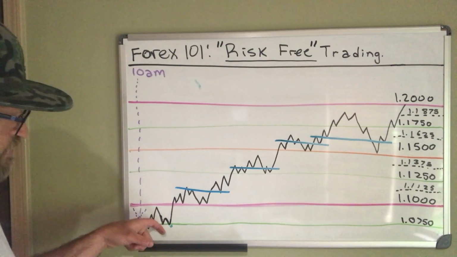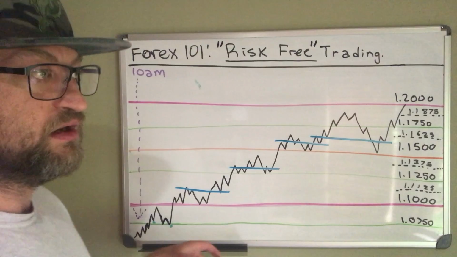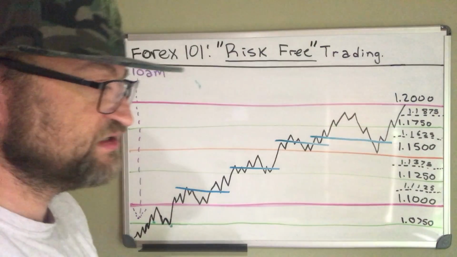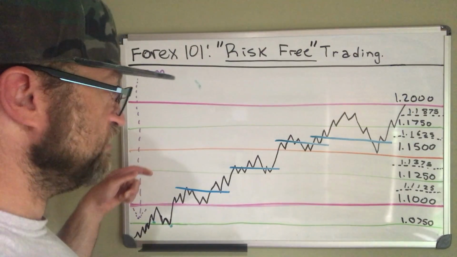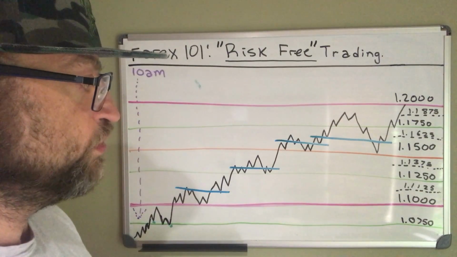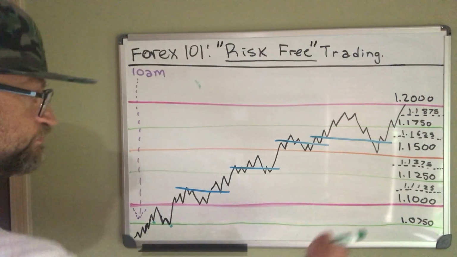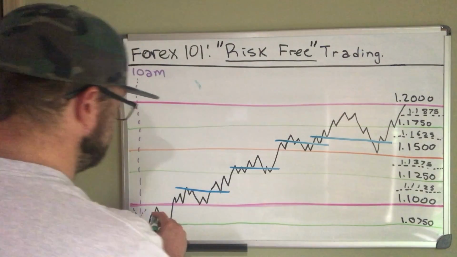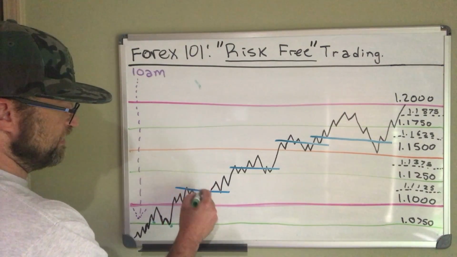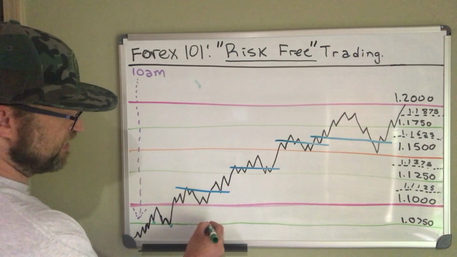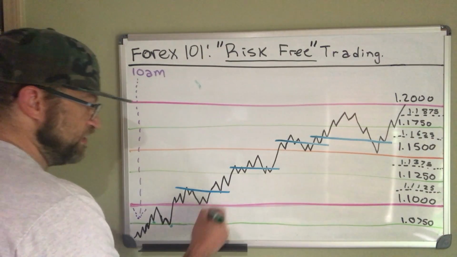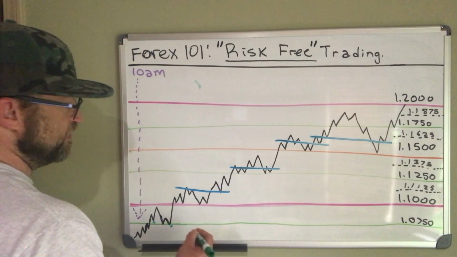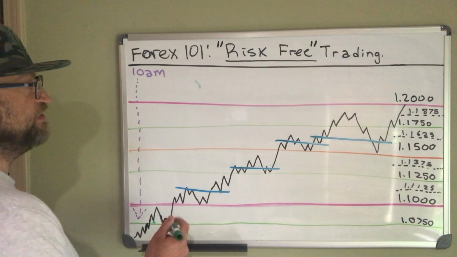And as long as it doesn't break too far down below it, otherwise you need to get out of that position, because it's probably going down to the next 1,000 level. But probably the best thing to do would be to wait for it to get above here and test. And even then, it might break back down below before it goes up. And that happens all the time, especially on GBP USD.